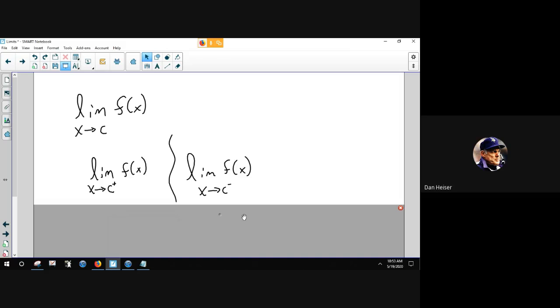That is what those notations refer to. So think of this as a right-hand limit. Sometimes it's abbreviated RHL. Left-hand limit. Approach from the left. Approach from the right.